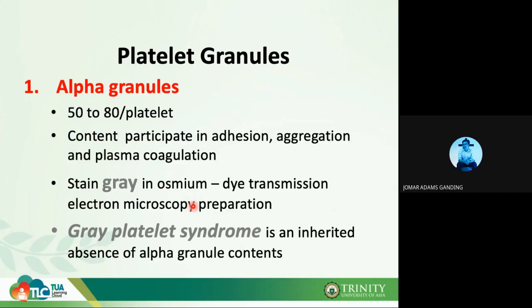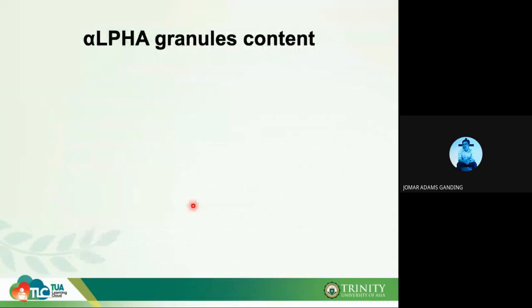What does your alpha granules contain? Okay, what are the contents of your alpha granules? Your alpha granules contain your fibrinogen. Remember that your glycocalyx absorbs albumin and your fibrinogen. So your fibrinogen is being stored up in your alpha granules.